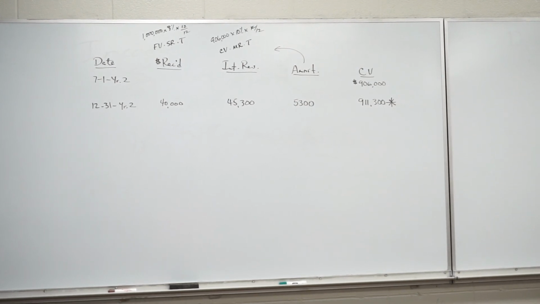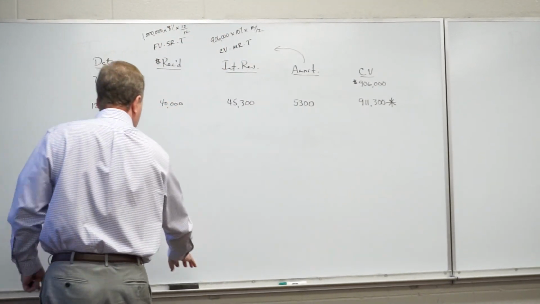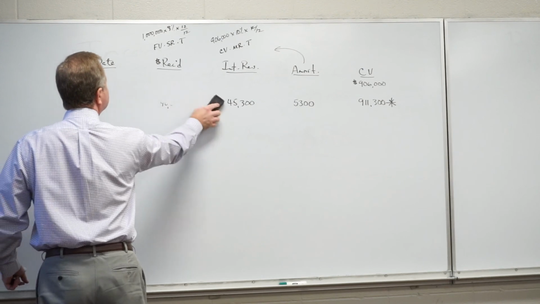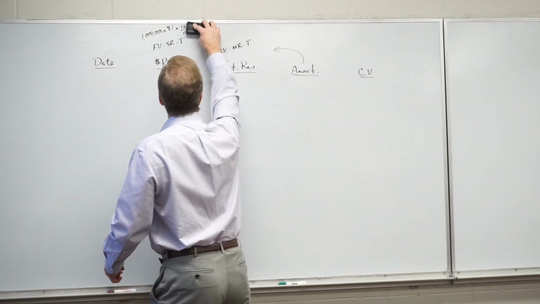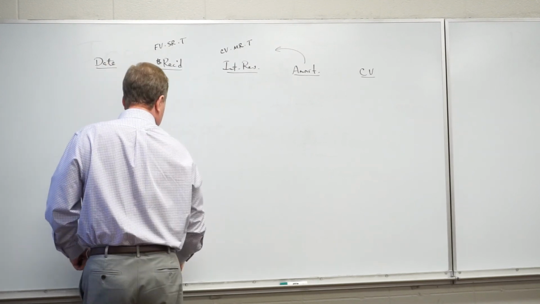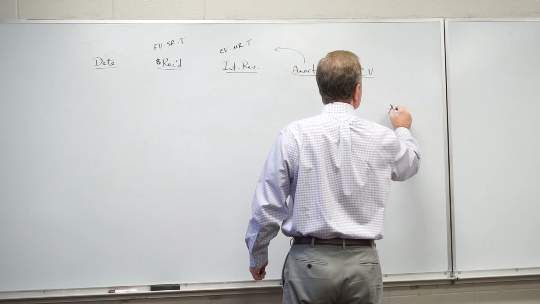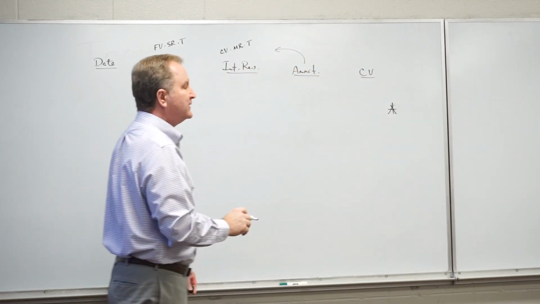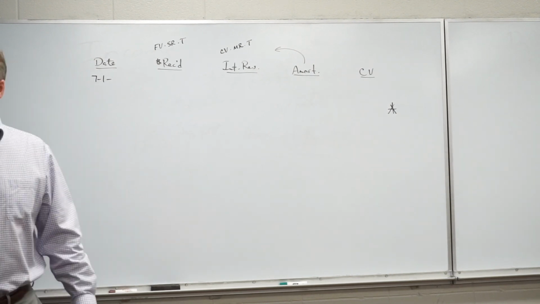Okay, you should be able to take exactly what I did here, erase these numbers, plug in your new numbers, and what they're asking for again is this amount. What goes here? So, was it July 1, year 1, year 2, or what?